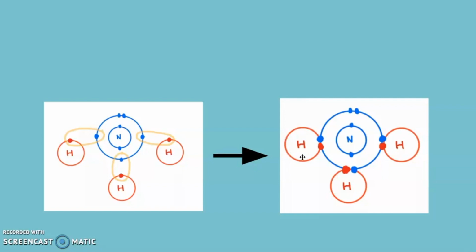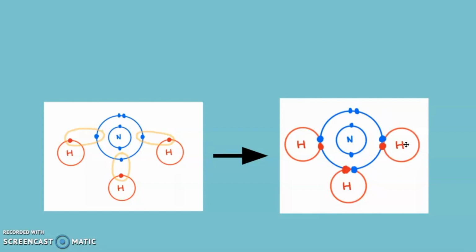Let's first check this hydrogen. Remember, hydrogen's going to be full and happy at 2 because it's its first energy level. And I see 1, 2. 1 valence electron it already had, and this blue second valence electron is what's being shared with nitrogen. Because of this sharing, hydrogen is happy and full. Same down here with this hydrogen. 1, 2 valence electrons, it's happy and full.